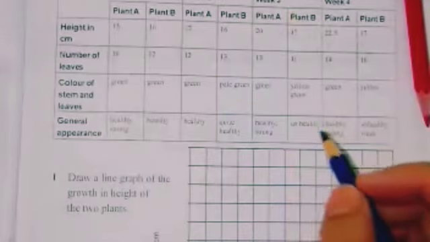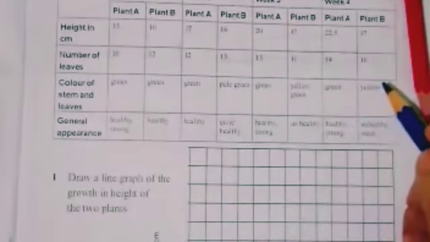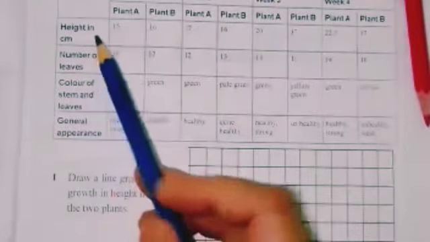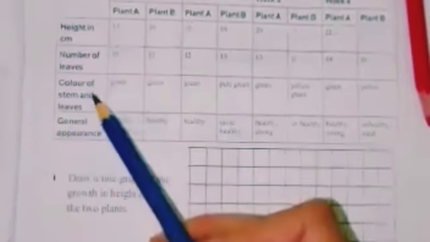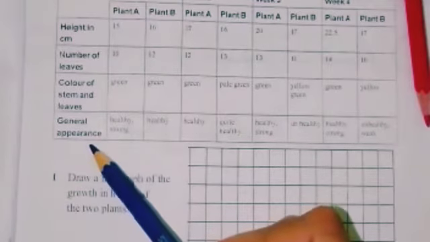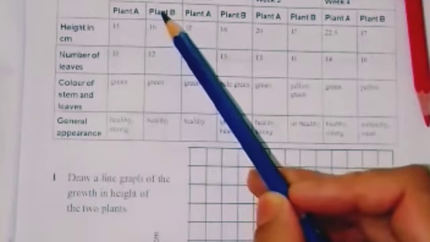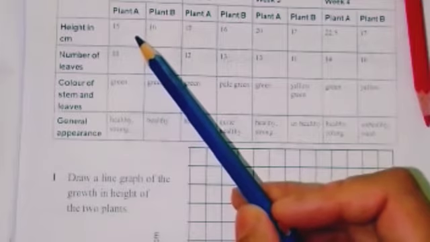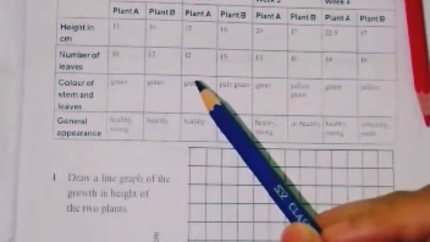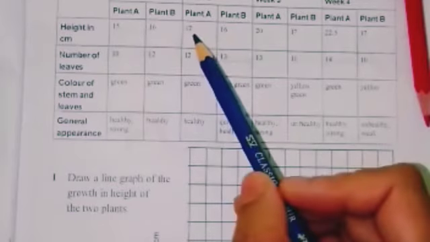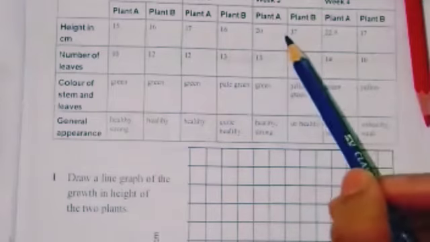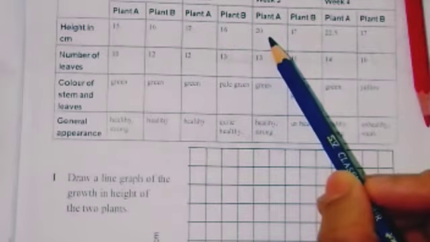Here is the table. They recorded their results in a table. What did they observe? They observed the height of the plant, number of leaves, color of stem and leaves, and general appearance. In the first week, the height of plant A is 15 centimeters, in week 2 it becomes 17, and in week 3 it becomes 20.